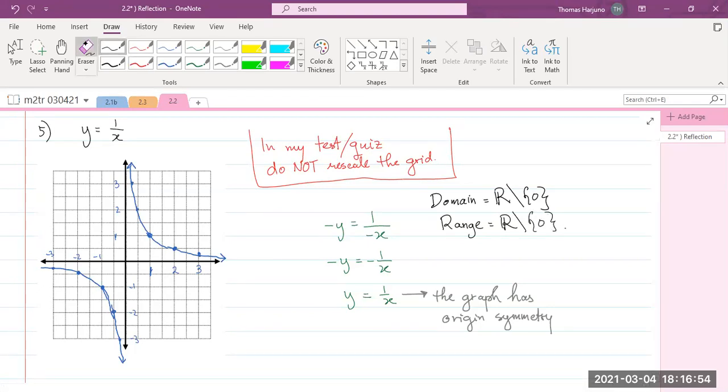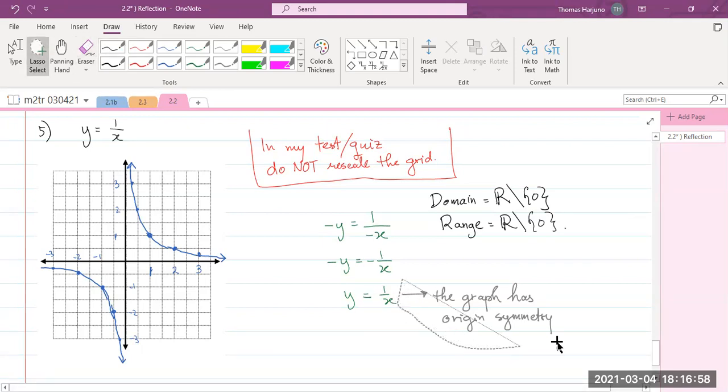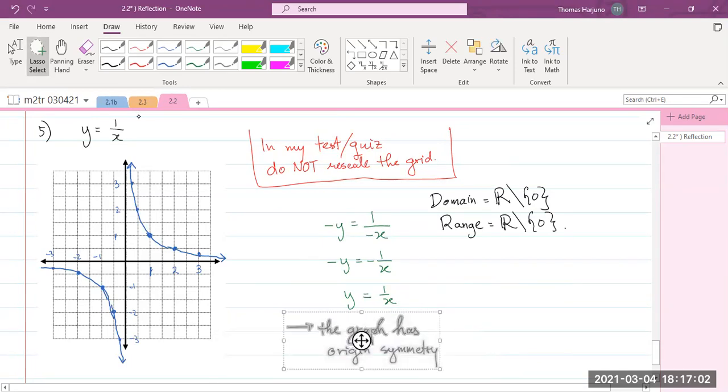But let's answer that big question. Why? Suppose I don't know the graph. How do I know that the range is all real numbers except 0? So let's write it down.